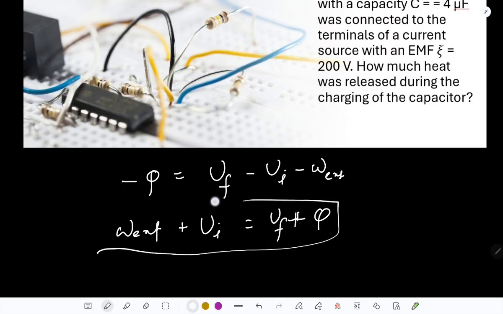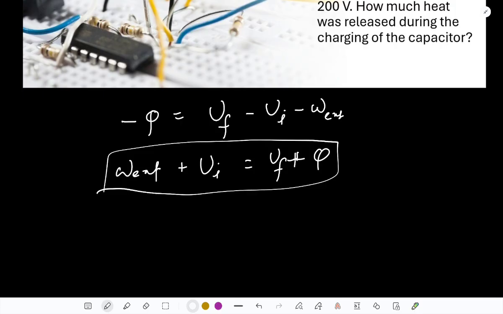And this is one of the equations we are going to use again and again. Or we can write it in one more form: work done by external agent is equal to change in potential energy of the capacitor plus heat released. We can use this equation as well.